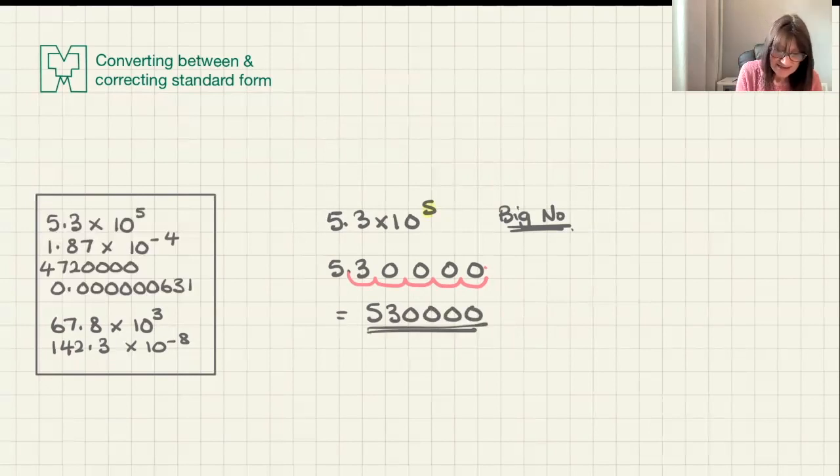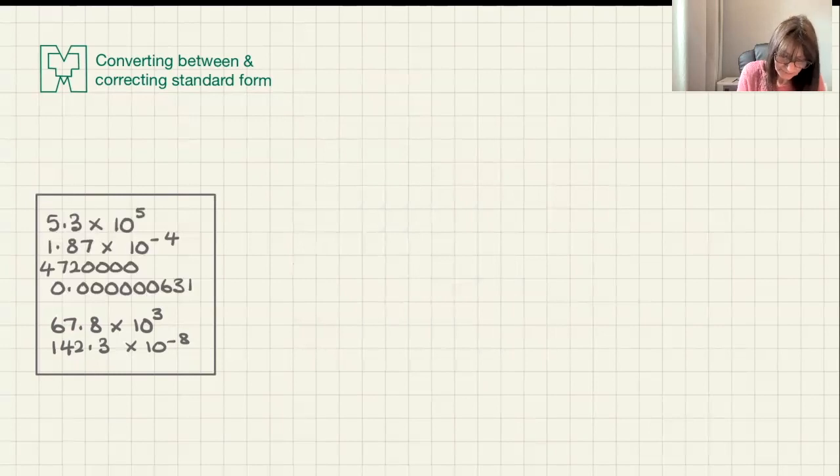Okay, let's see that with a small number. I'm going to clock the negative power. That's what I need to be doing when I'm looking at this question. I now know it's going to be a small number.